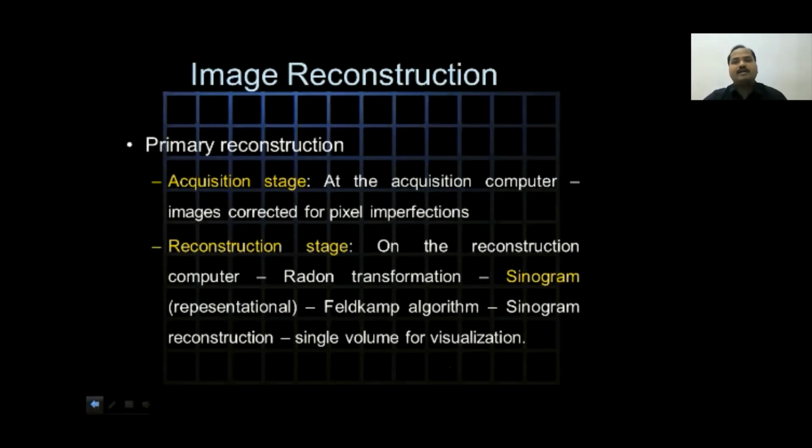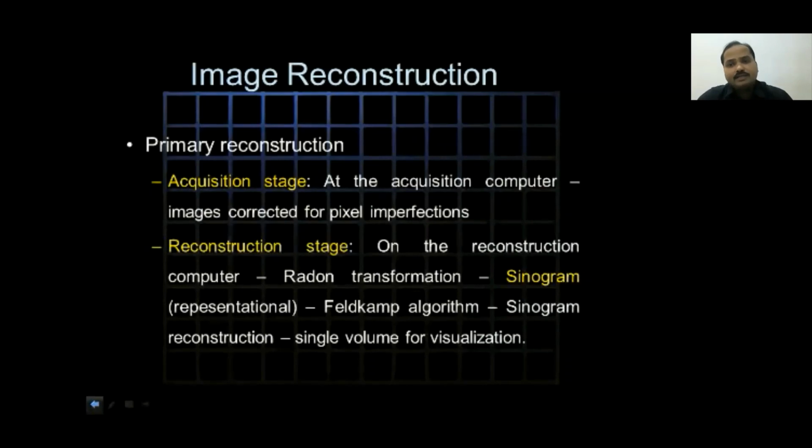The software will correct the imperfections at the pixel level. That means wherever pixels are missing, it will fill in certain pixels by taking into account the adjacent pixels. Then the reconstruction stage takes place.